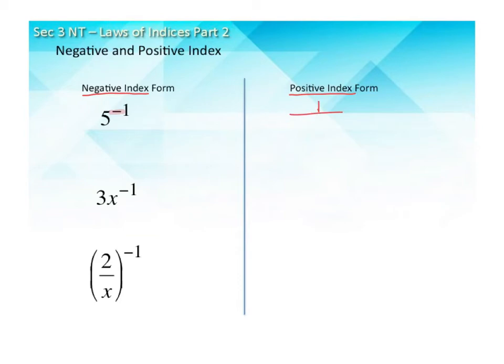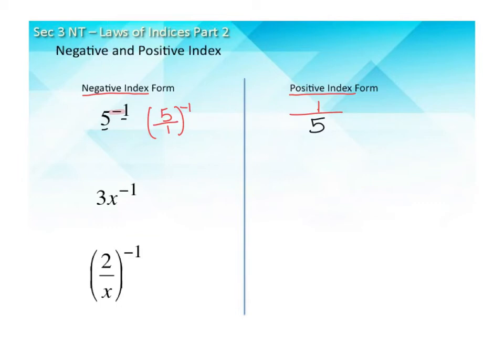And the number 5 itself is the base with the power 1, so it's just 5 to the power 1. Alternatively, we can also see this as 5 over 1, the whole thing power negative 1. Then when I switch it to positive index form, from 5 over 1, it will swap to become 1 over 5, and the power will be from negative to become positive.